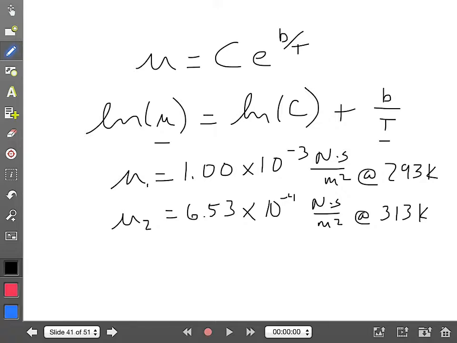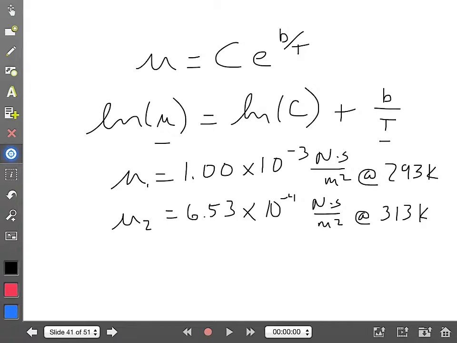And then we could do substitution, just like we would for a linear equation. We could then use our value for B that we find by eliminating log of C, and we could find C by substituting back in. So let me just show you what I mean by that.